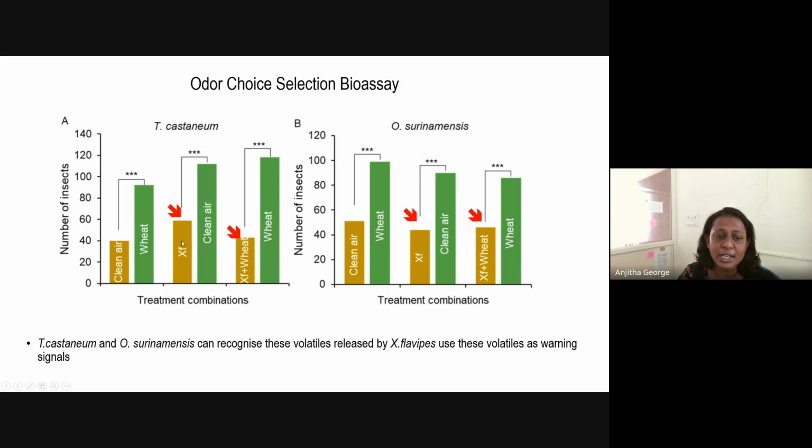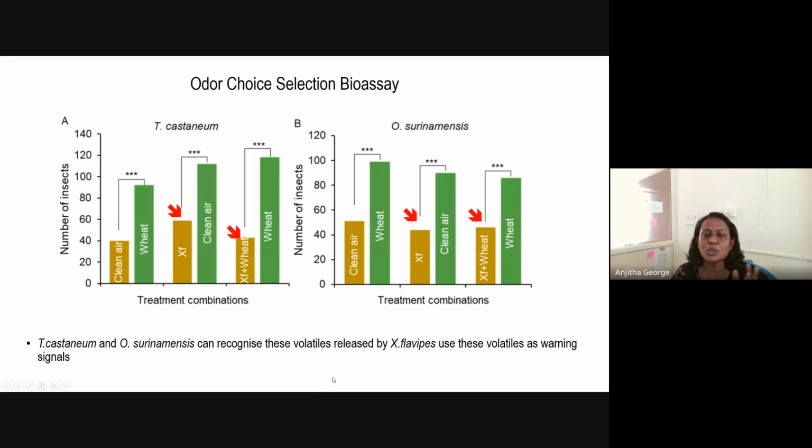Since the insects don't like the natural enemy smell, all the insects were moving to the clean air. And third was where the wheat volatile plus the natural enemy odor was present, and here only wheat volatile was present. Since the natural enemy signal was there, the insects were avoiding this side, and they were moving towards the wheat odor.